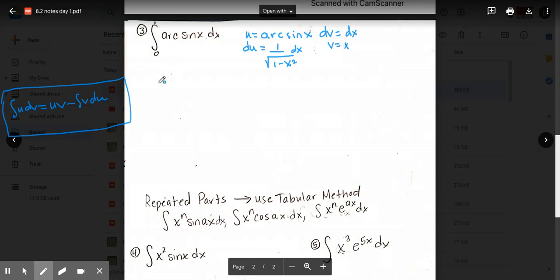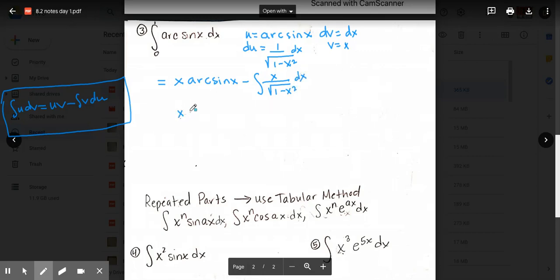All right, so when I write this out, this is getting slow again. It's going to be u times v, so it's x arc sine of x, minus the integral of v du, so it's going to be x over root 1 minus x squared dx.